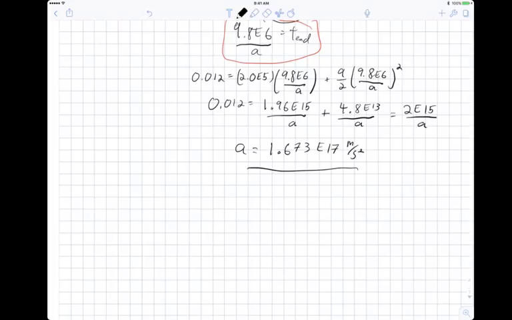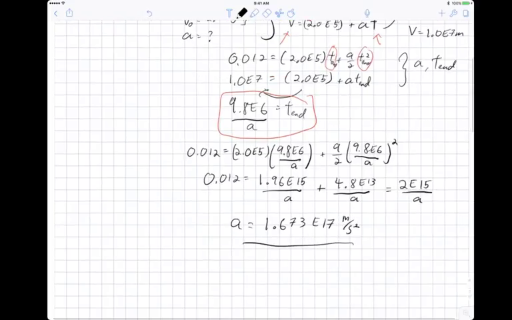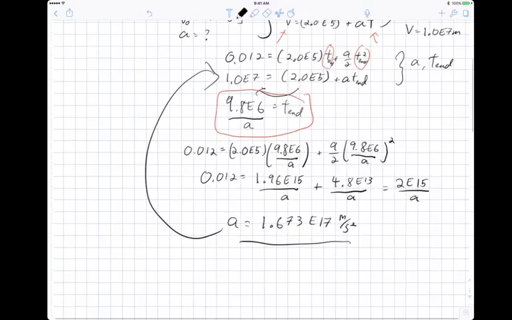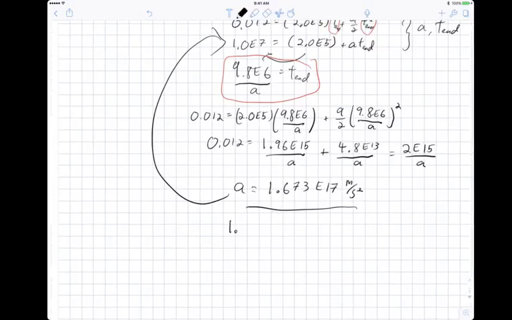So how much time does it take? Let's plug this number into here. 1.0 E7 is equal to 2.0 E5 plus 1.673 E17 times t. I would have guessed that you would have had to take the square root somewhere in there. It's bananas. I'm just going to take out my calculator and calculate this value.